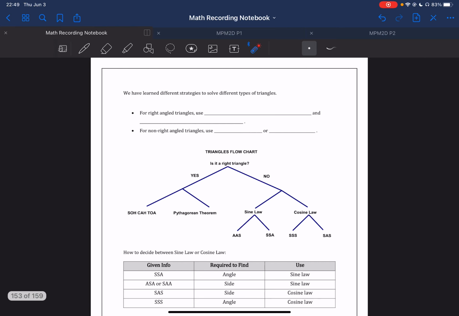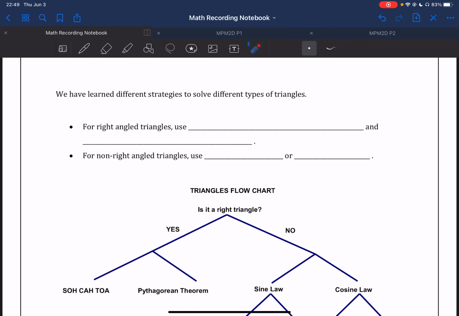So let's sum up what we know throughout this entire unit. For right-angled triangles, we can use the Pythagorean theorem and primary trig ratios. These can only be used when we have a right angle triangle.